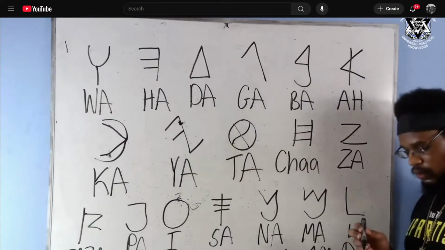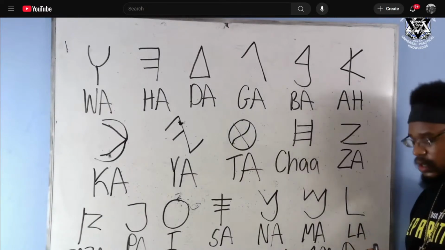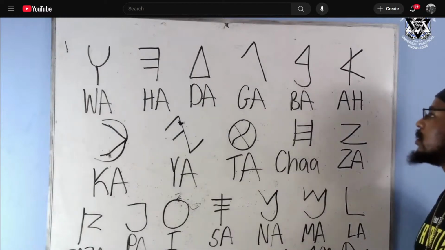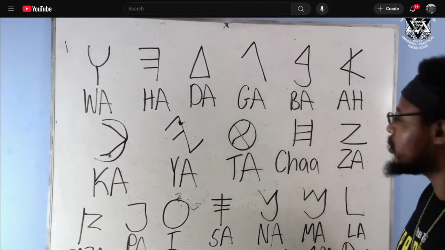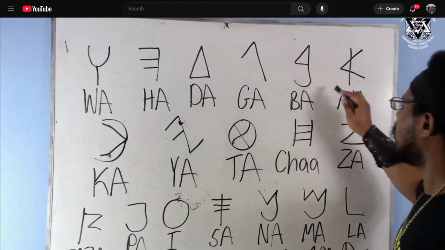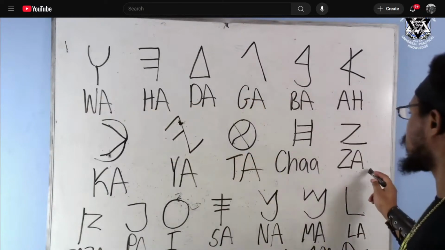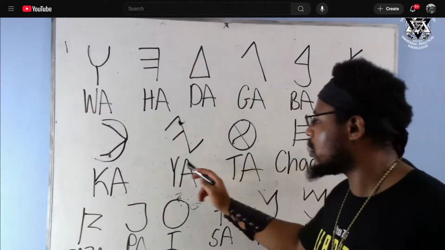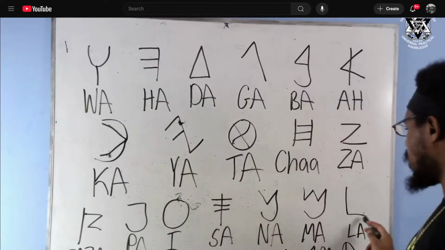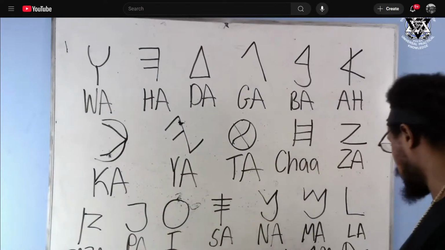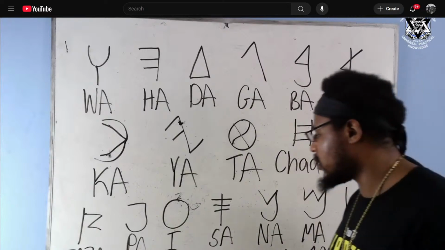So these are our 22 characters in the ancient Hebrew: A, Ba, Ga, Da, Ha, Wa, Za, Cha, Ta, Ya, Ka, La, Ma, Na, Sa, Pa, Za, Qua, Ra, Sha, Ta.